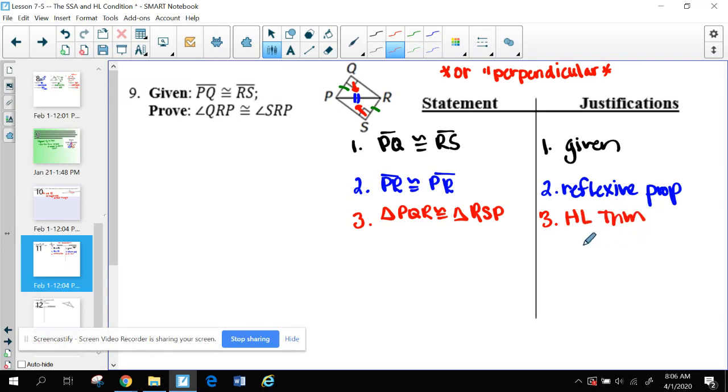Because it's 90 degrees, we want to use HL, not side-side-angle. And then our last step here is we can say that these angles are congruent. So angle QRP has to be congruent to angle SRP by CPCF, congruent parts of congruent figures. Let's try one more.